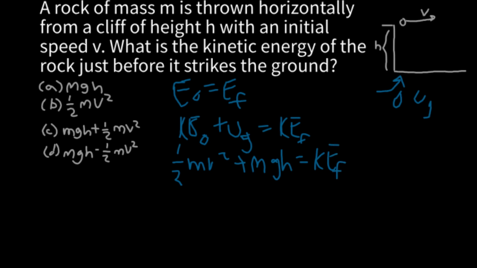And that makes option C the correct answer. They're just switched. So if we were given h to be something like d or x, we would have had to substitute that instead of h. But because we're given all those same variables, we can just put in those equations.